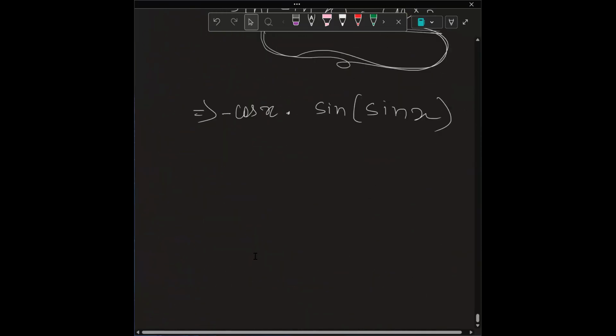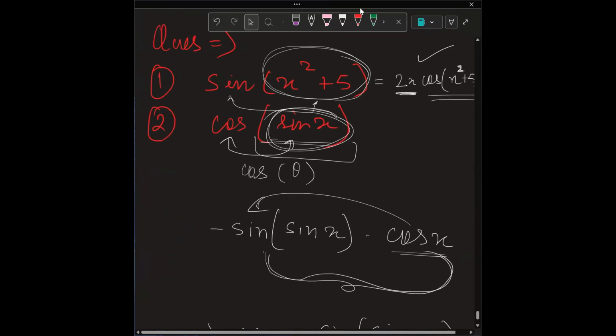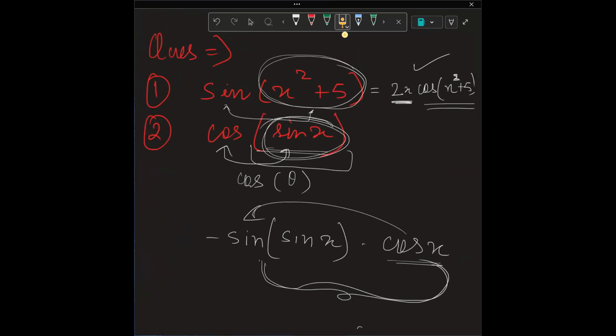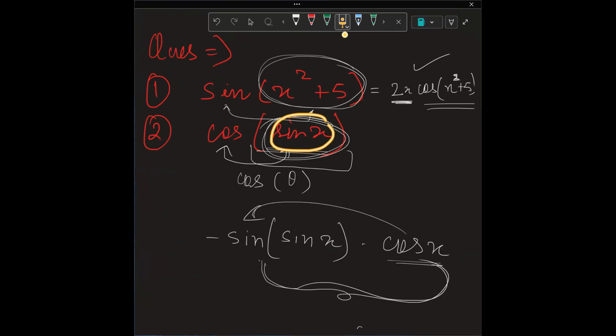सो यहाँ पे जब cos x, this is complete cos x, considering this complete cos x as cos theta, तो cos theta का डिफरेंशिएशन क्या होगा, minus sin theta. Now your theta is a function, so you have to apply the chain rule, and applying chain rule you have to differentiate this one also.